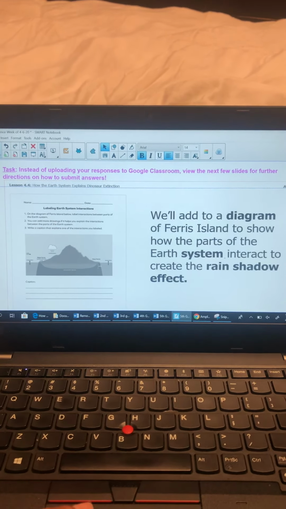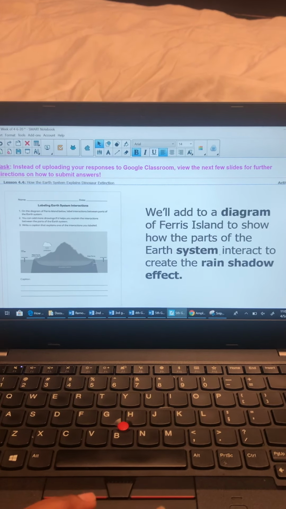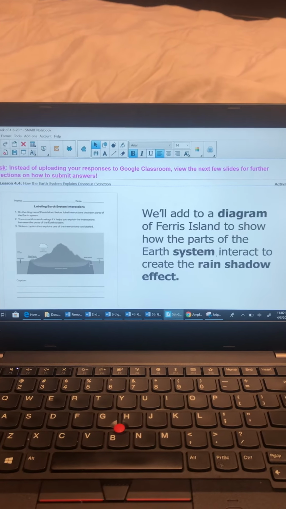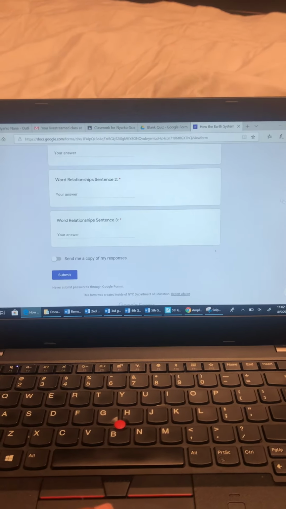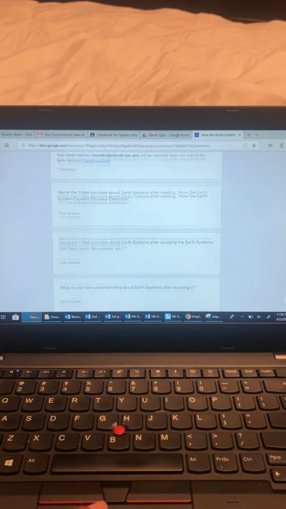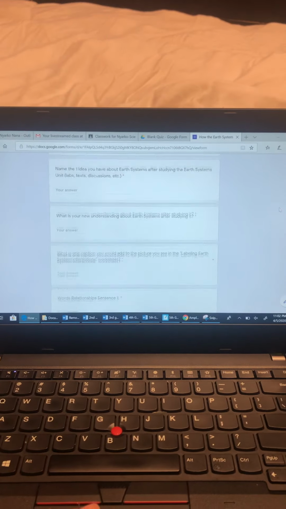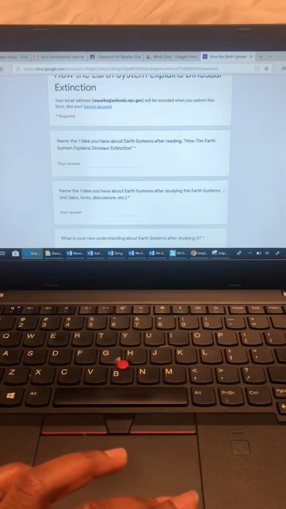Now, the same goes for this worksheet, Labeling Earth Systems Interactions. You read through the rest of the slides. You go back to the classwork page with the form, and all of the questions from all of the worksheets are in one form. So you do not have to go to multiple links in order to answer the questions.